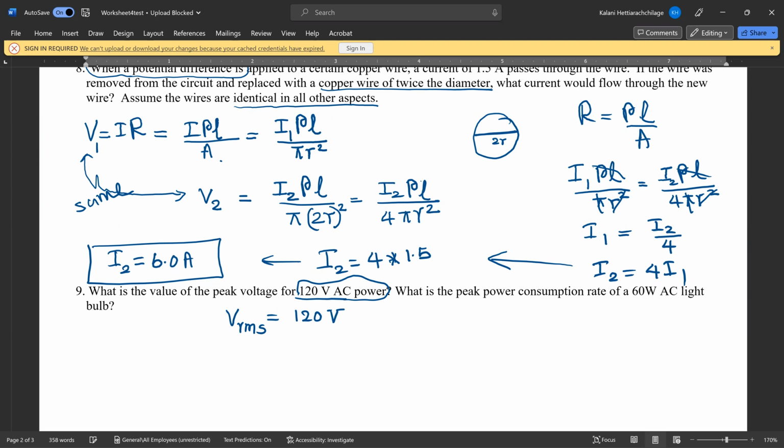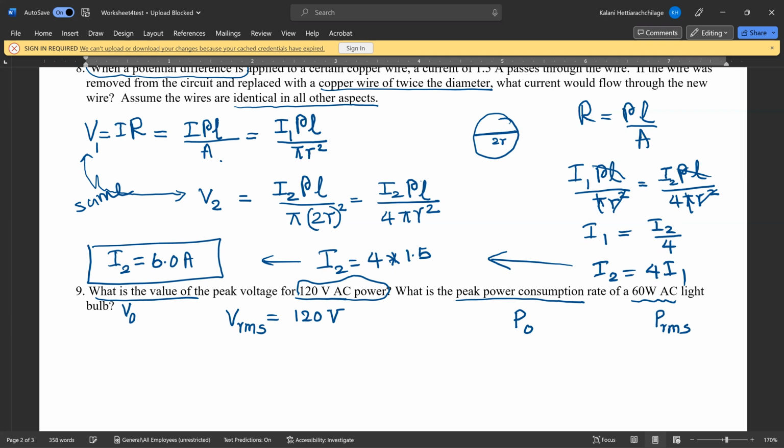So now what is the peak power consumption rate of a 60 watt AC light bulb? So I need to find the peak power consumption value. That means I need to find the P naught value, right? I need to find here V naught value, and I need to find P naught value, and this is given as your PRMS.